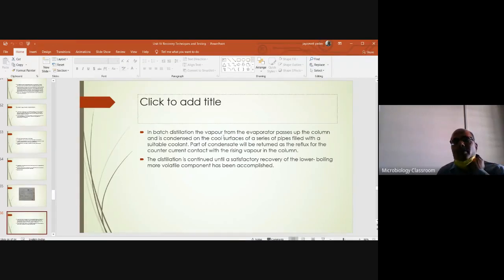In batch distillation, the vapor from the evaporator passes up the column and is condensed on the cool surfaces of a series of pipes filled with a suitable coolant, and part of the condensate is returned as reflux for counter-current contact with the rising vapor in the column. The distillation is continued until a satisfactory recovery of the lower boiling, more volatile component has been accomplished.